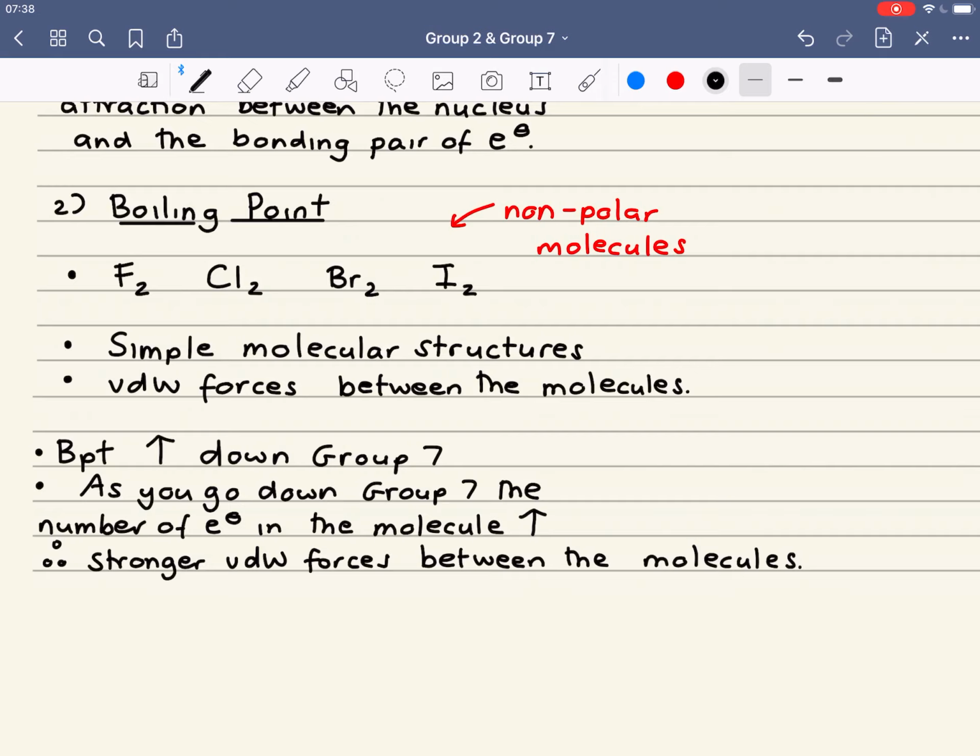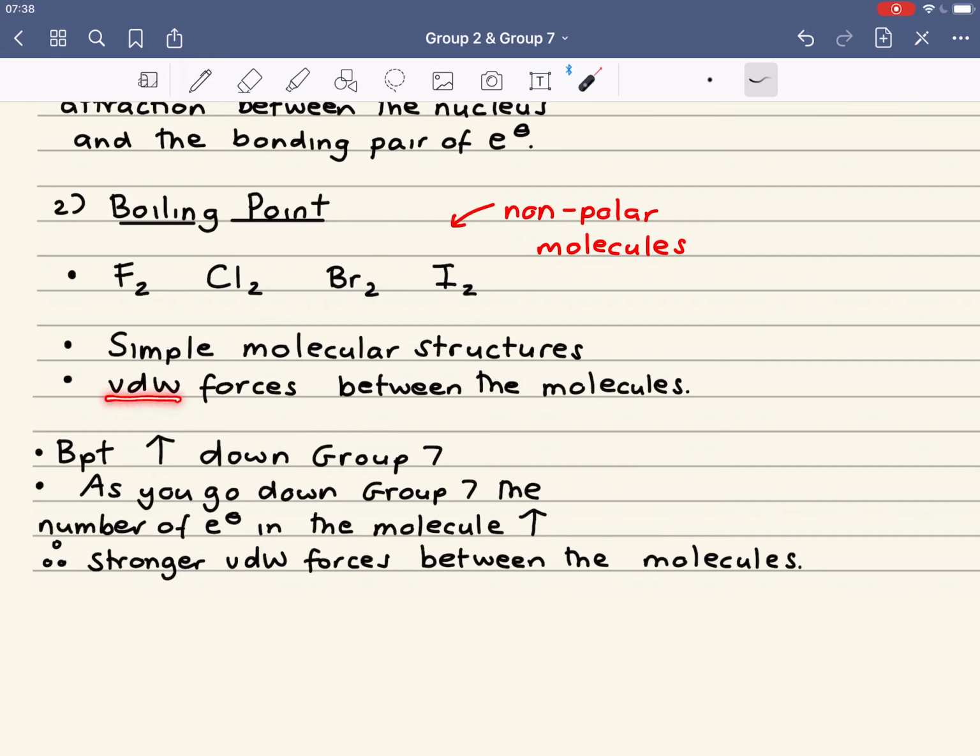Remember, anytime you're looking at boiling and melting points of substances, you have to look at the type of structure, which we've got here as being simple molecular. If it's a simple molecular structure, then they're going to have intermolecular forces. And then you look at what type of molecule you've got. Is it a polar or non-polar molecule? To determine the type of intermolecular forces. Will all these be non-polar?